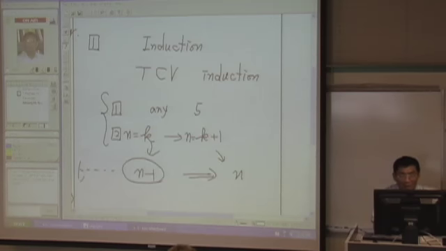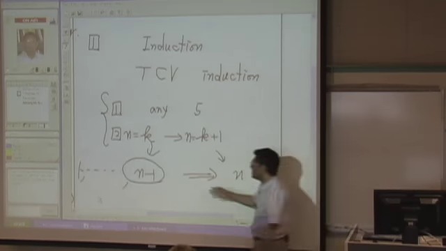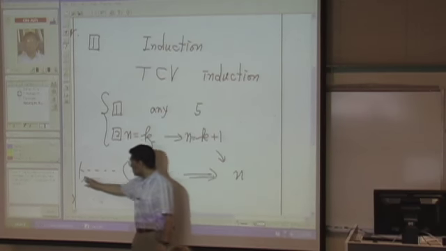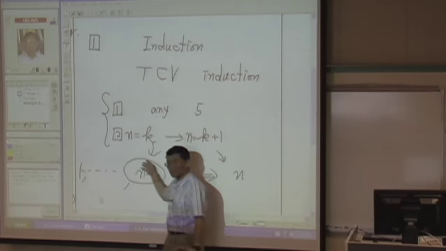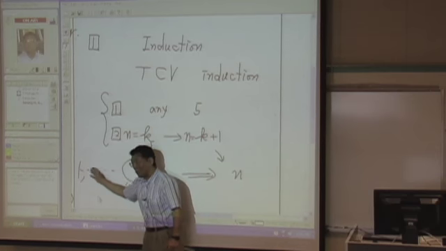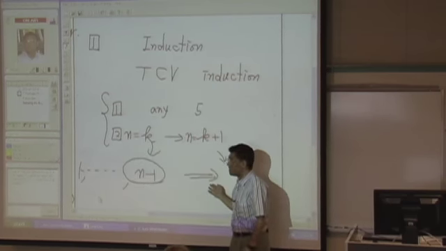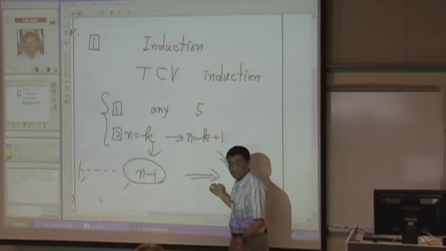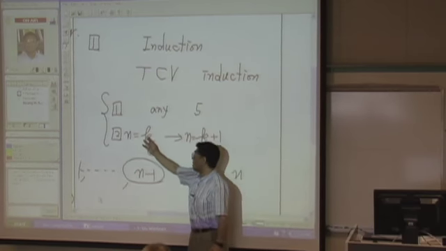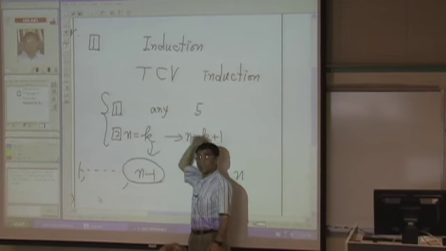Then, which one has more assumptions, this one or this one? It sounds like the second has more. Assume that it is true all the way up to n minus 1, then it is true for n. That's the second induction. Do you get it? In the first case, we have only one assumption, and with that one assumption we get the next.